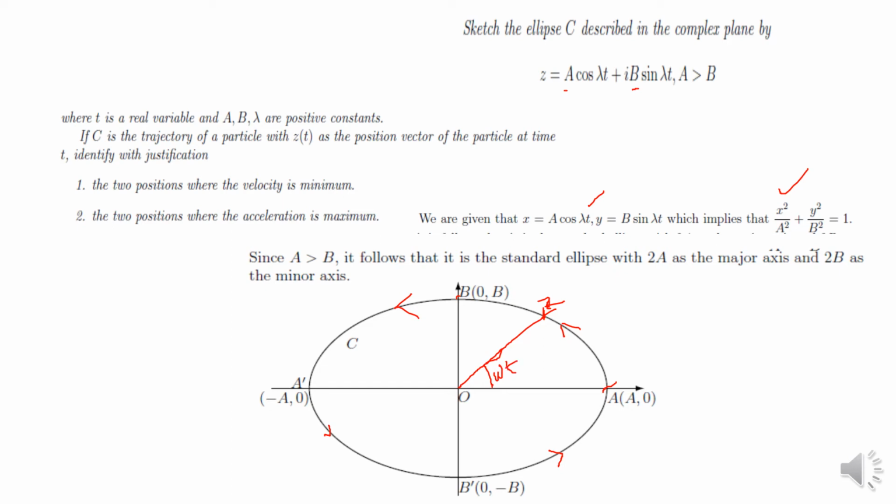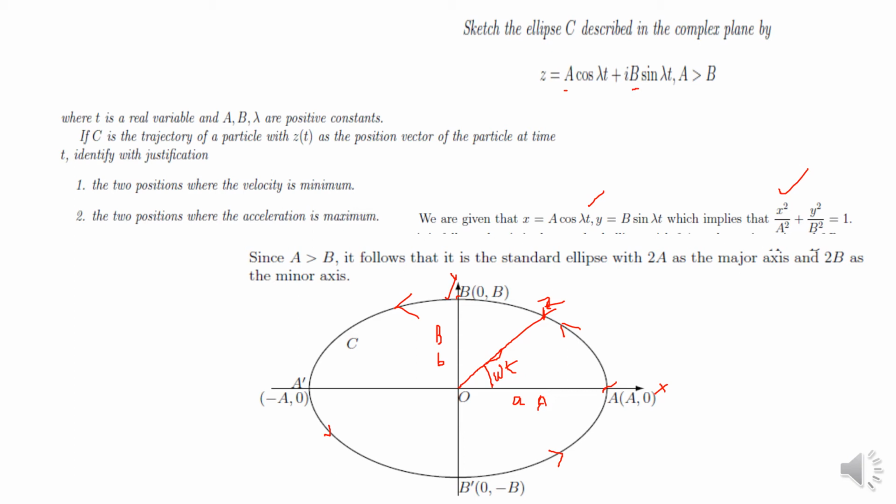The angle is omega t, or lambda t, whatever. This is capital B or small b according to the question. Both questions I am considering. Here it is small a or capital A, from 0 to A. I hope the figure is clear. This is the x-axis and this is the y-axis.